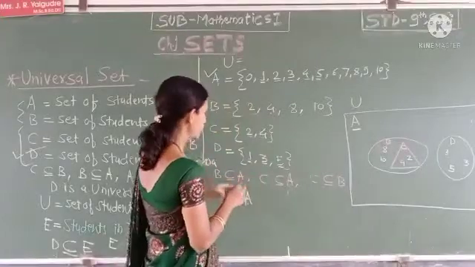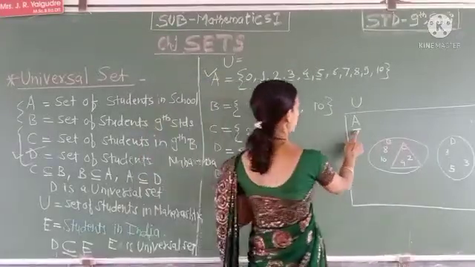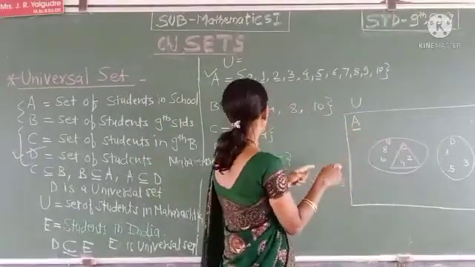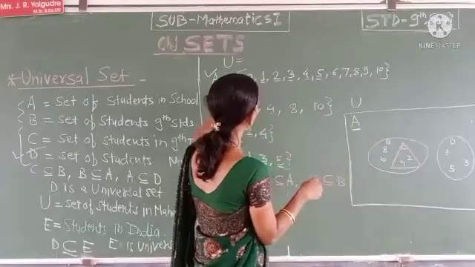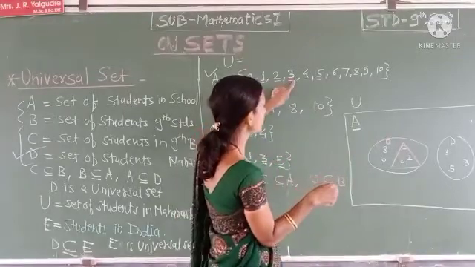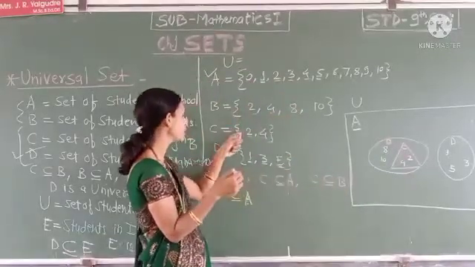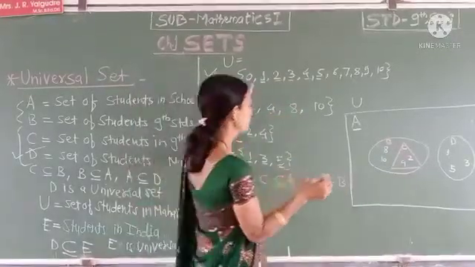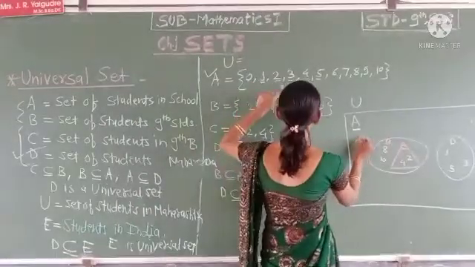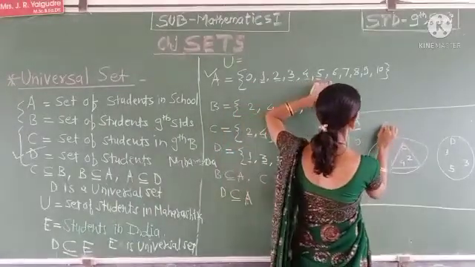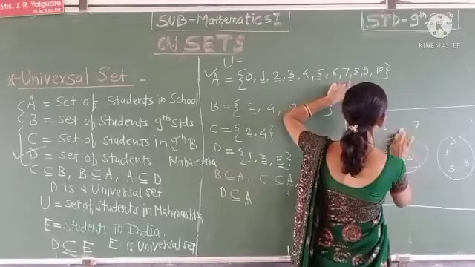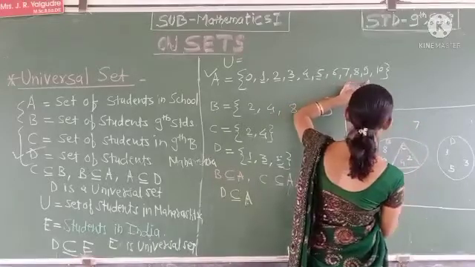And see here, A is a bigger set, that means it contains a few elements which are not present in B, C or D set, that is 0, 6, 7, 9, 8.